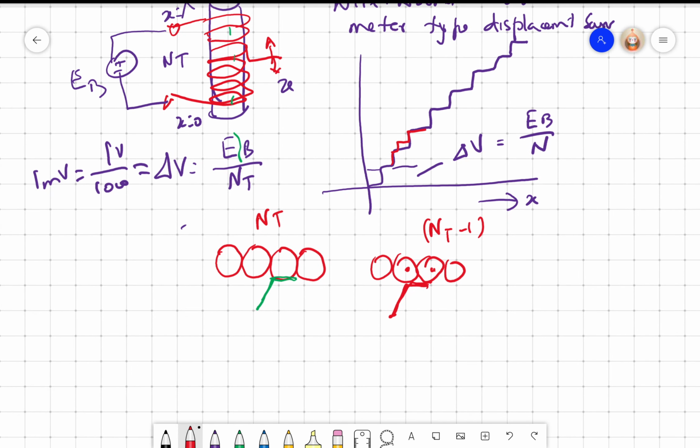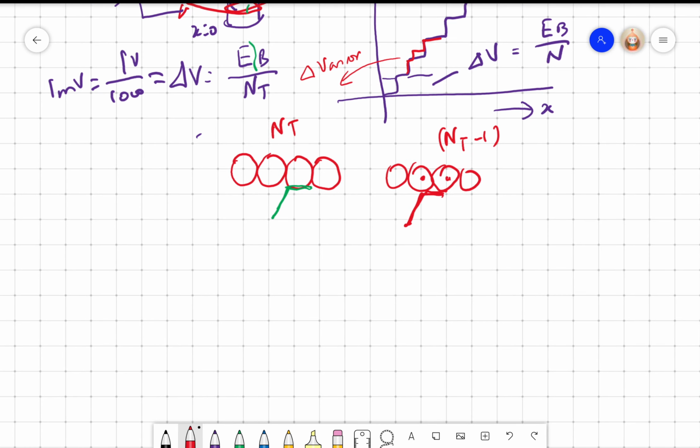So when it moves from here to here, you just get a kink. This small step is called delta V minor, which we can derive. I'm not going to derive it.